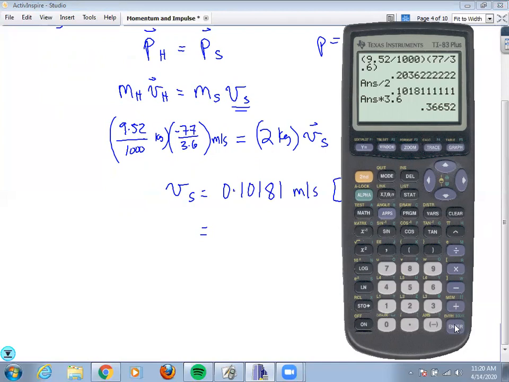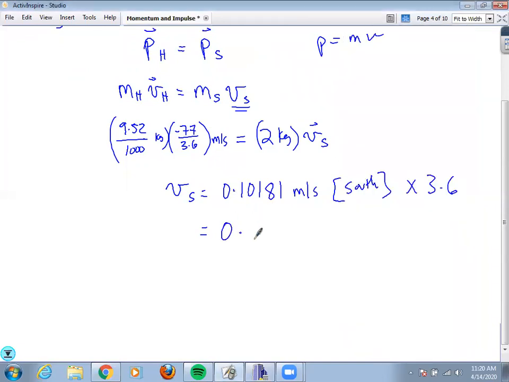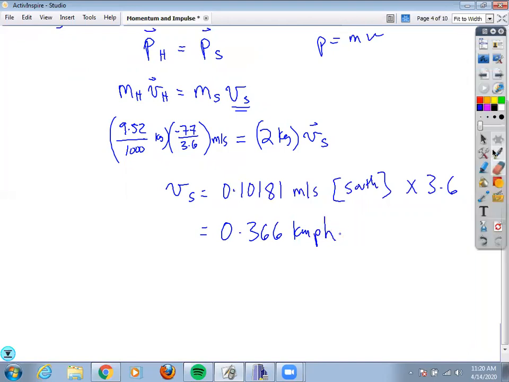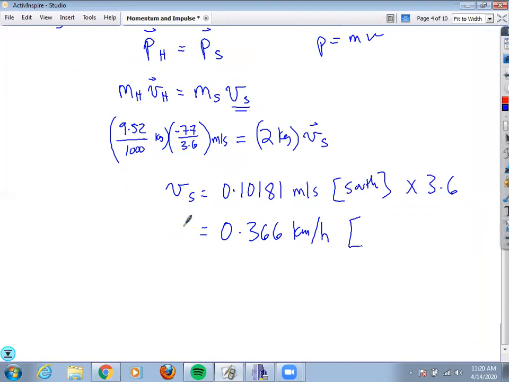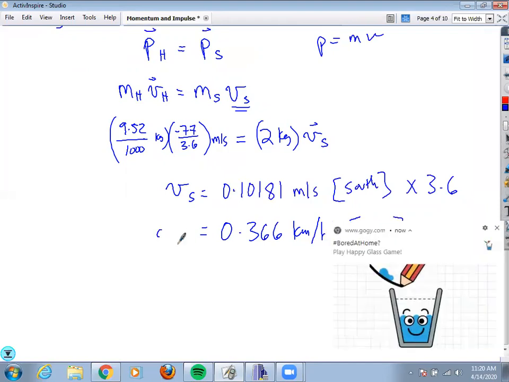I think we want 3 sig figs, so 0.366 kilometers per hour south, which you can see is much less than that of the hummingbird. So that would be the velocity of the seagull.